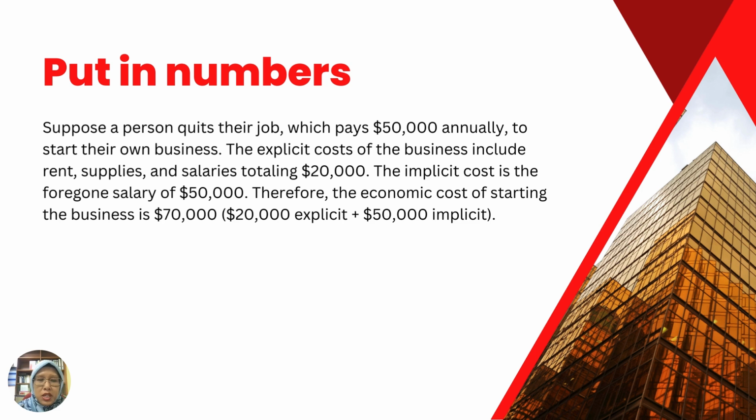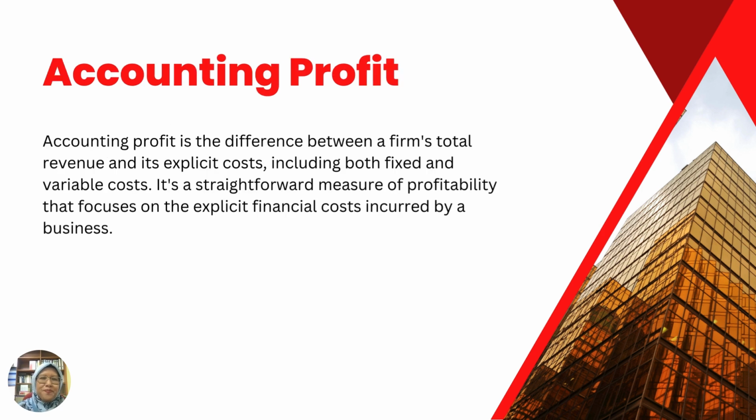Next, we are going to see what it means by accounting profit and normal profit. We have talked about economic cost and how it includes both explicit and implicit cost to give you the full picture of your financial decisions. Now, from that foundation, let's talk about accounting profit. Accounting profit is the profit you see on the financial statement, on the annual report.